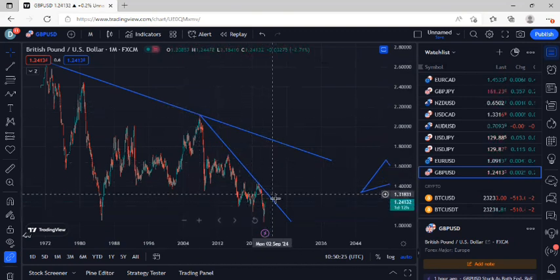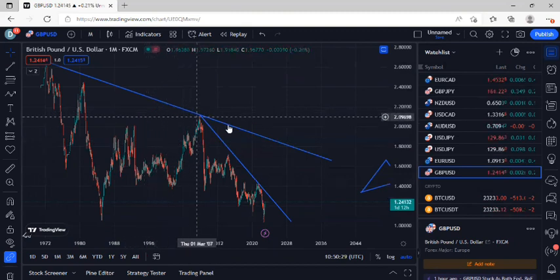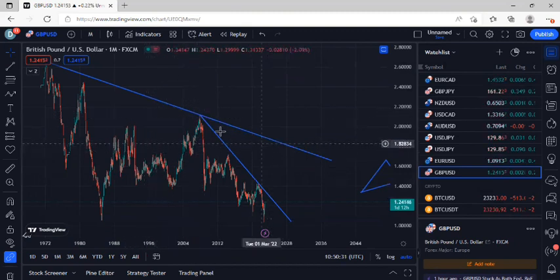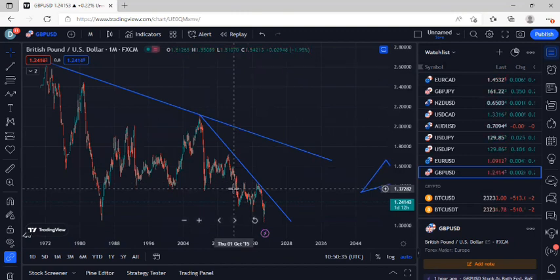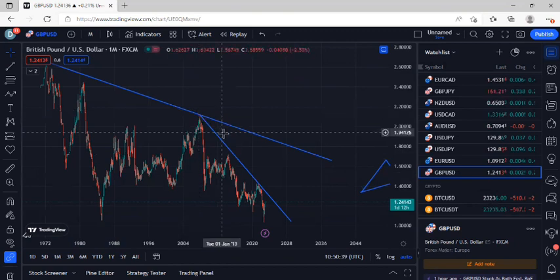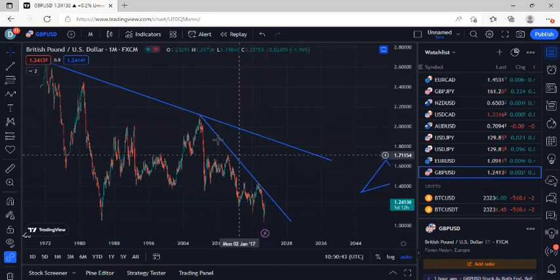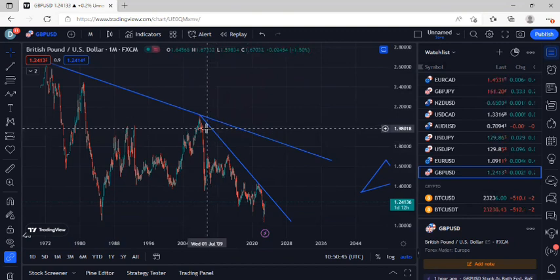That means the market is still downtrend, because sometimes on the higher time frame you might have an uptrend, but on the lower time frame you have a downtrend. So for you to be able to affirm that, you need to draw your trend line. Drawing a proper trend line is very, very important in market analysis.